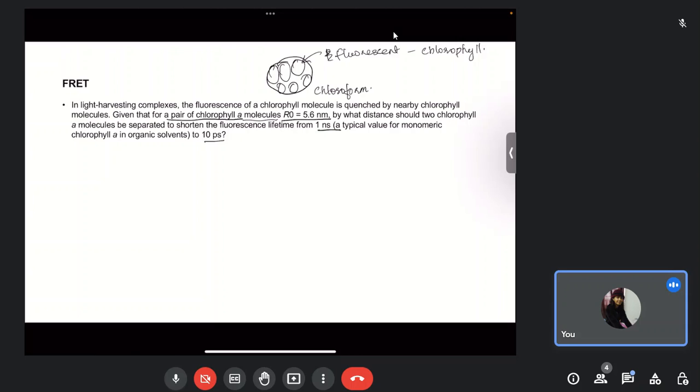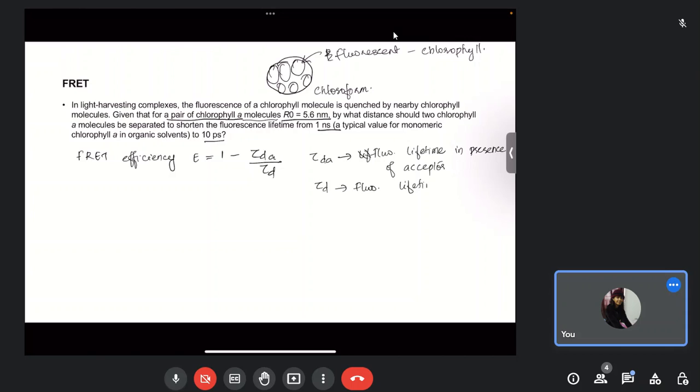We can see that the FRET efficiency E is equal to 1 minus tau DA divided by tau D, where tau DA is the fluorescence lifetime in the presence of acceptor, and tau D is the fluorescence lifetime in the absence of acceptor.